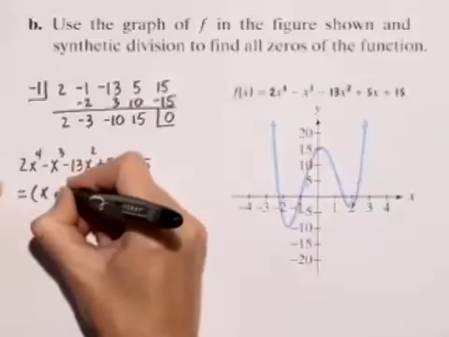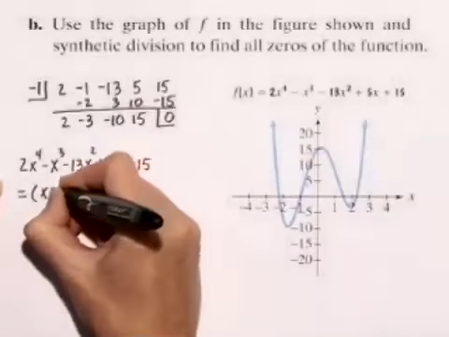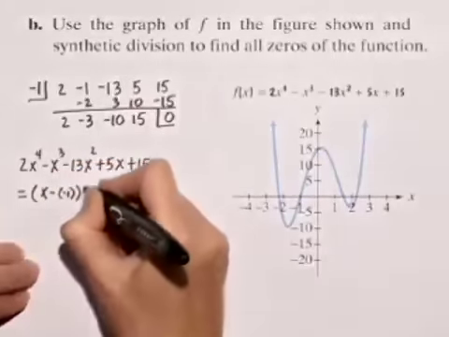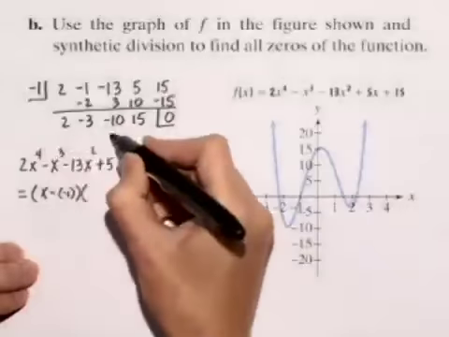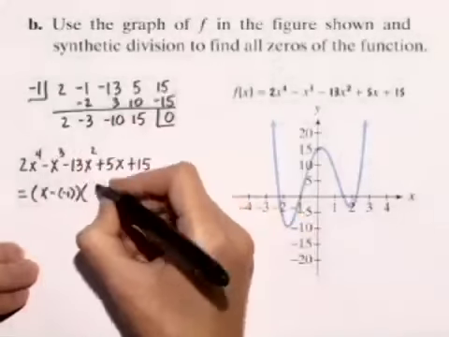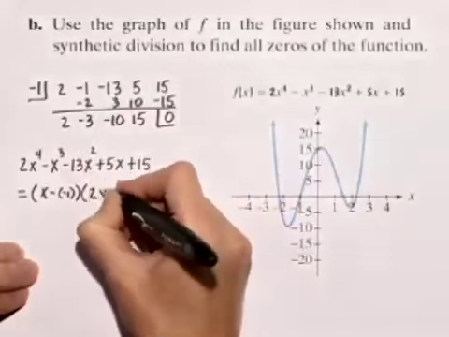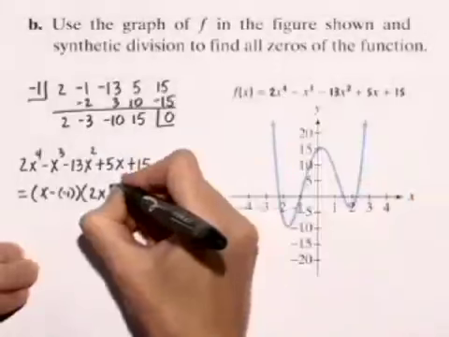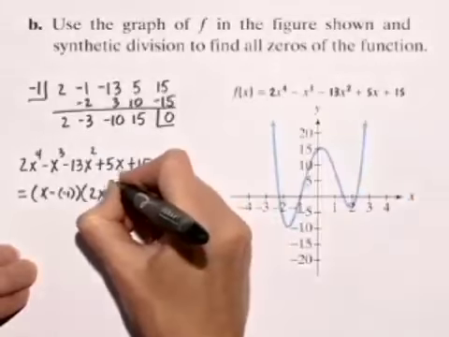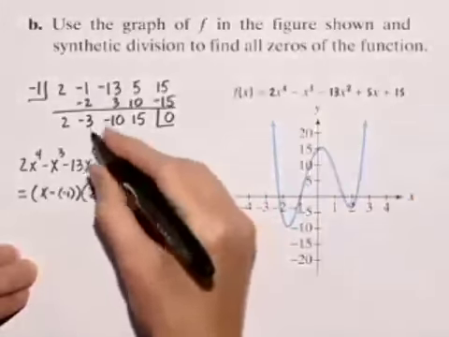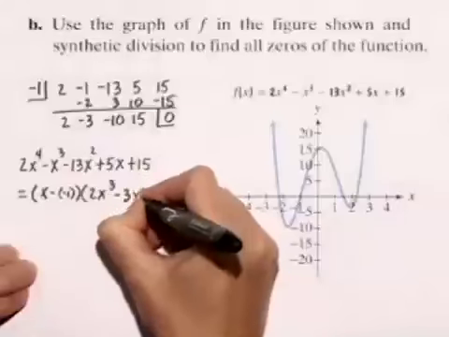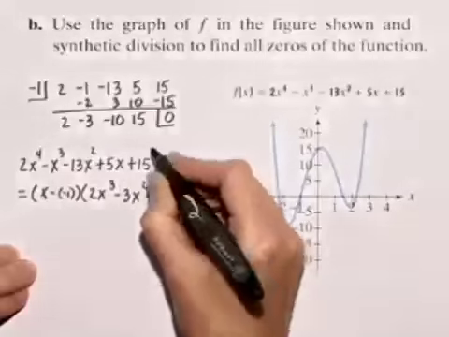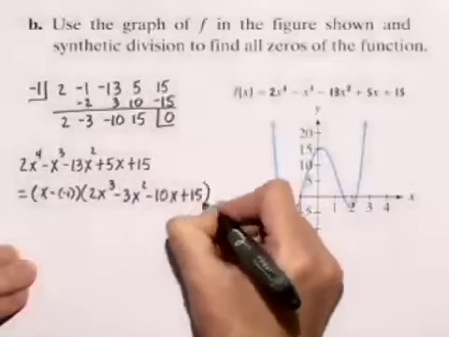We have the factor x minus our first root of -1, which is really the same as x plus 1, times the remaining factor, starting with this coefficient 2, it's going to be x to 1 degree lower than our leading coefficient. So our leading coefficient was x to the 4th. This will be x cubed. Then we have minus 3x squared minus 10x plus 15.